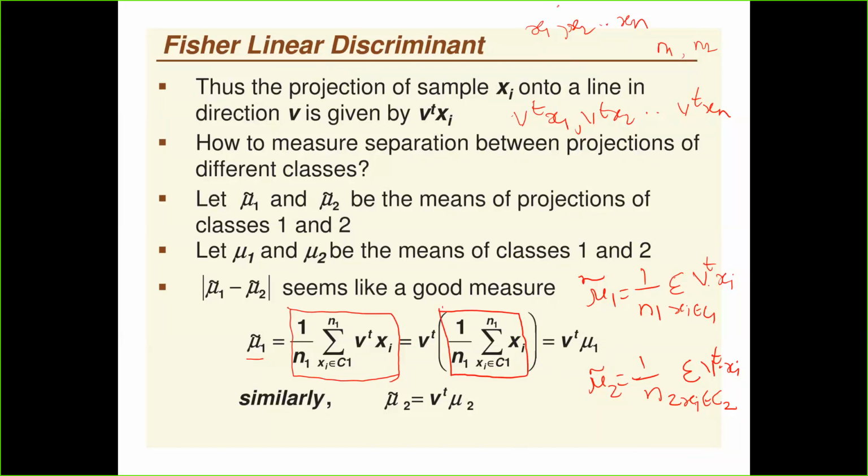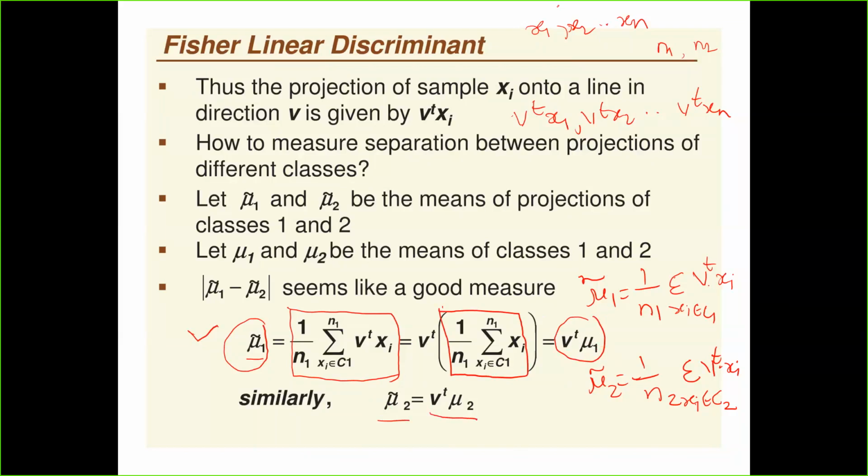So the centroid in the projected space is V transpose times the centroid in the original space. Similarly, mu2 bar is V transpose times mu2.